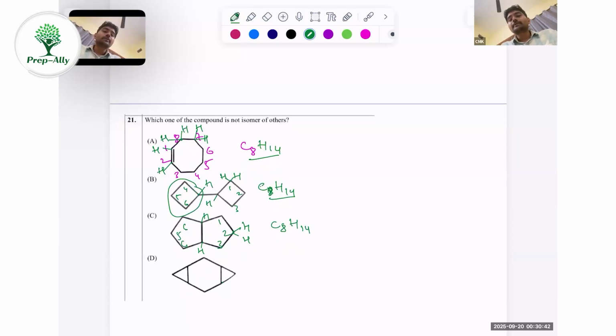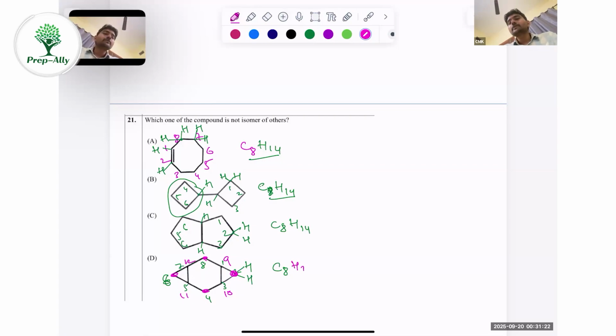Now this compound, if you take it, how many total carbons? 1, 2, 3, 4, 5, 6, 7, 8. Total 8 are there, C8. But hydrogens, we will check. 1, 2, 3, 4, so 4 into 2 is 8 hydrogens, then 8, 9, 10, 11, 12.